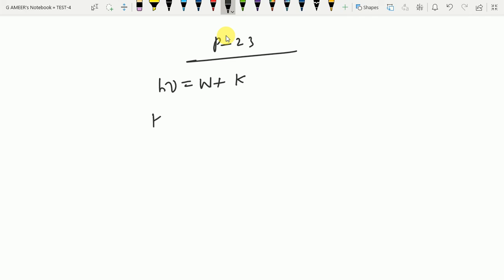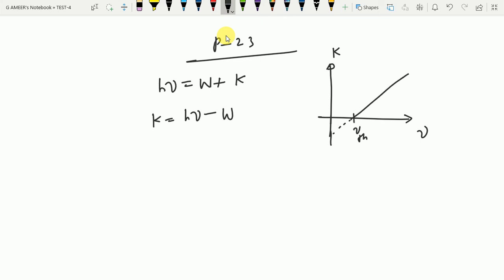So kinetic energy is equal to h nu minus work function, which is a y equals mx minus c graph. This is the frequency and this is the kinetic energy, so the graph will look like this. This is the threshold frequency, and this is the work function. So D option is the best match.